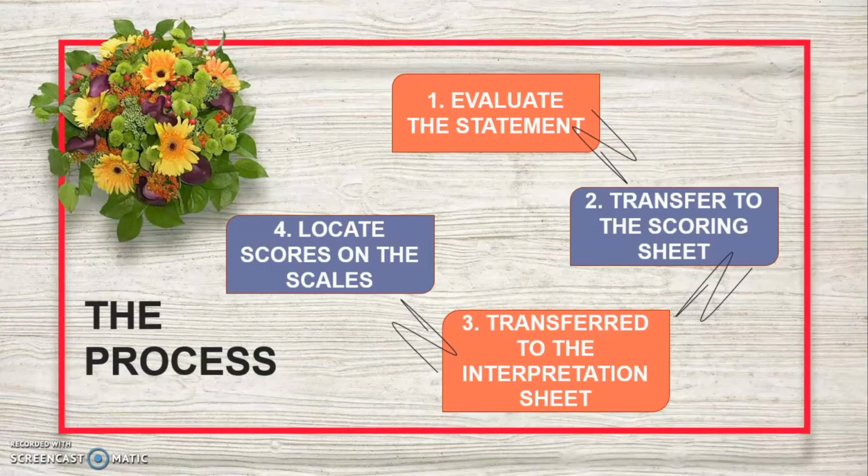Next, the respondents transfer their responses to the scoring sheet, which gives a systematic score and an intuitive score. The scores are then transferred to the interpretation sheet, which allows them to determine to what degree they specialize in systematic and intuitive style. Finally, they locate their score on the scale provided in the interpretation sheet to identify their own style.